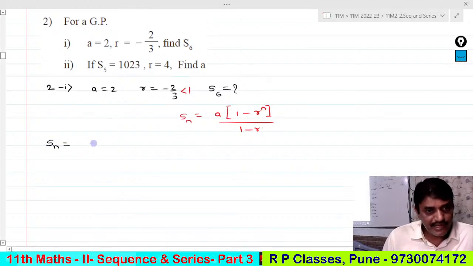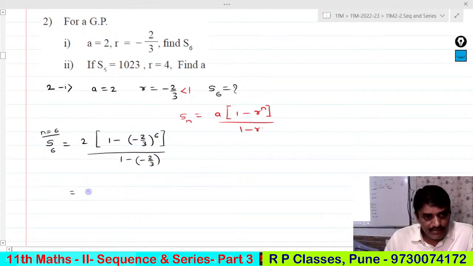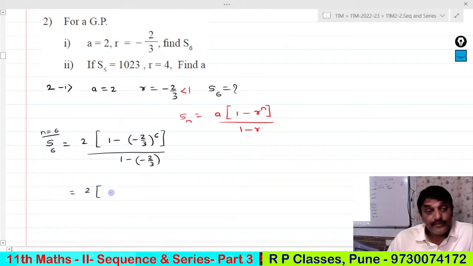Sn is equal to A is 2, R is minus 2 upon 3. Now what is N here? N is equal to 6. So this is S6. This is raised to 6 upon 1 minus minus 2 by 3. Right? That is equal to 2 into what will come?